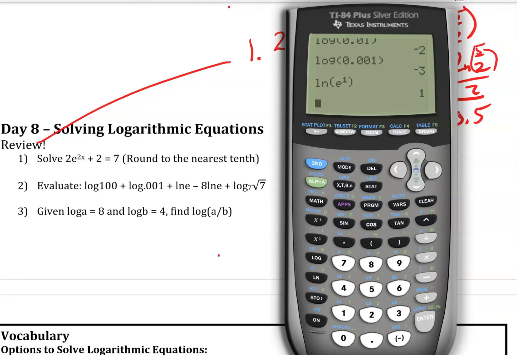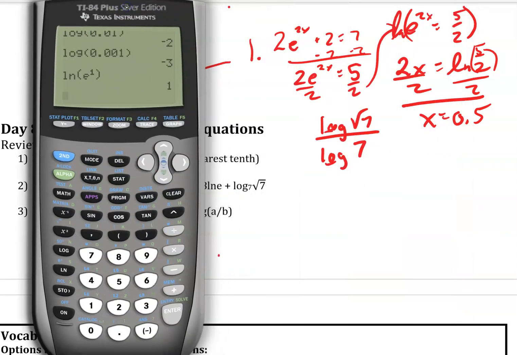So we'll throw that in the calculator. We'll do the log of the square root of 7, and we will divide that by the log of 7.